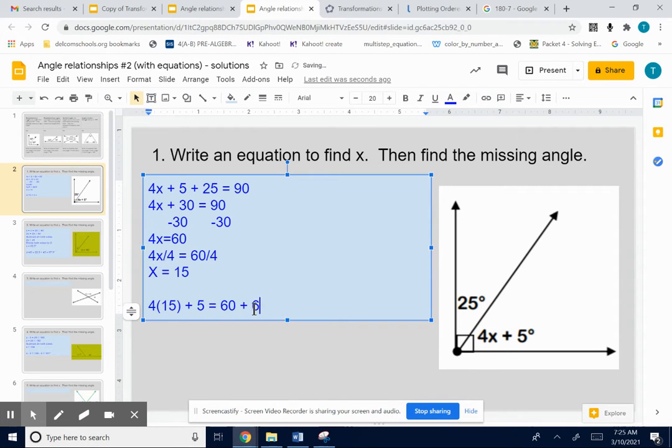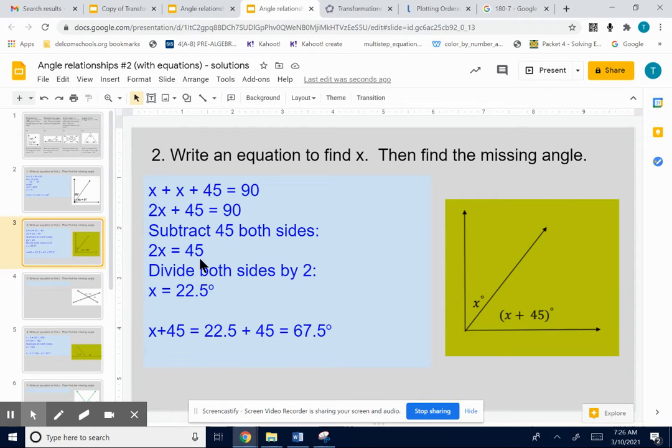Add 5 to that, and you get 65 degrees. And you would know that 65 and 25 do add up to 90, so you could double check that that would have to be the right answer for that angle. You guys try the next problem, and then I'll just flash the answer up and let you guys look through it.